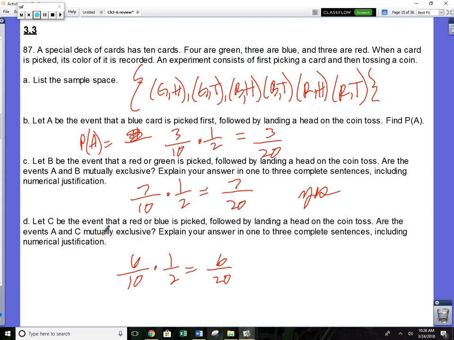Event A is blue cards, and event C is blue cards or red cards. So there is an overlap.